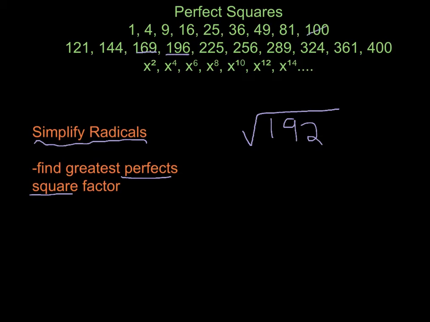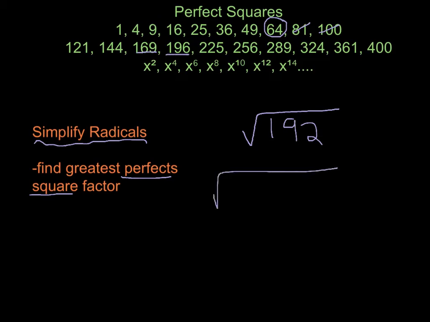192 divided by 100 doesn't work. 81 doesn't work. If you divide 192 by 64, you get 3. So I'm going to break this up. The square root of, instead of 192, I'm breaking it up into the two factors. 64, which is my perfect square, times 3.